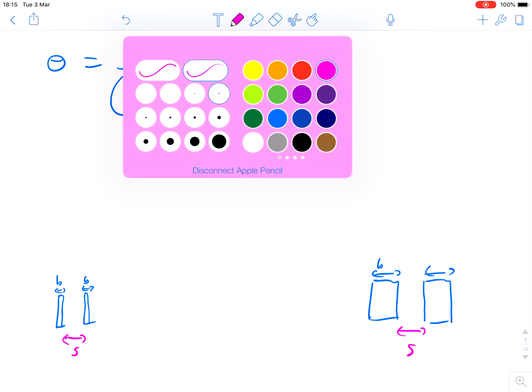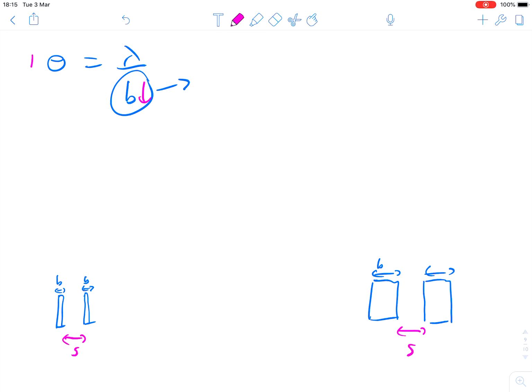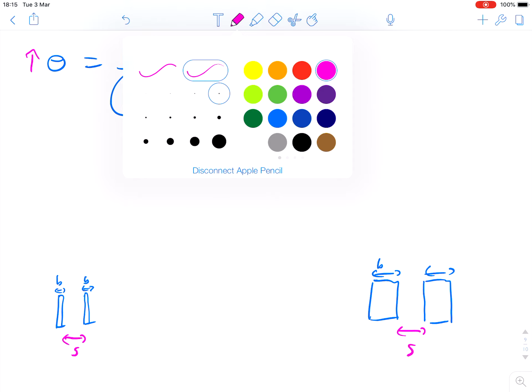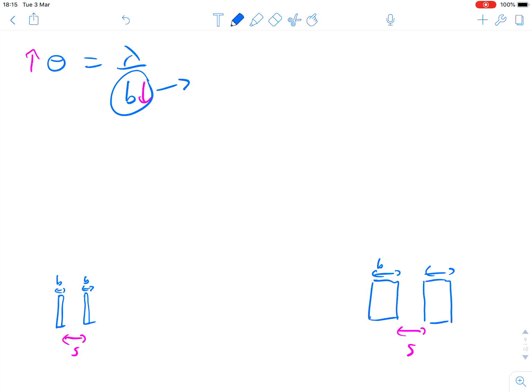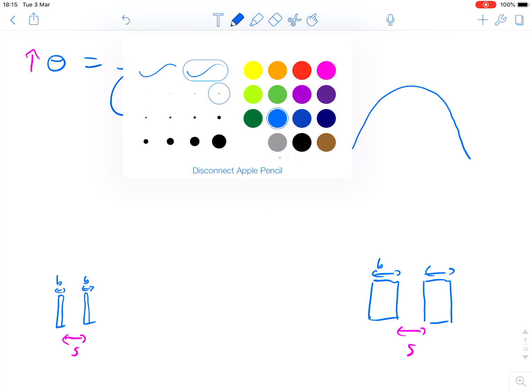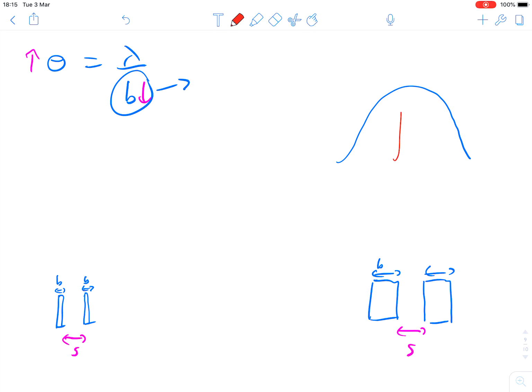We can see here, B and theta have an inverse relationship. Let's say we have our original pattern here. We're just going to look at the center maximum, and of course we'll have some interference from the double slit there as well. So B is decreasing, the angle theta is increasing.